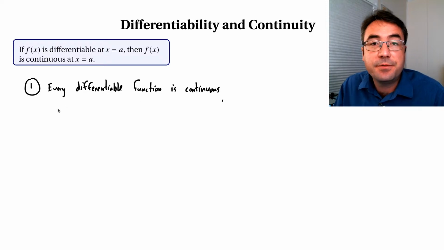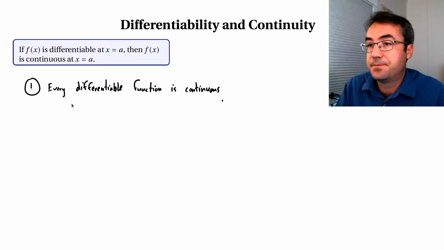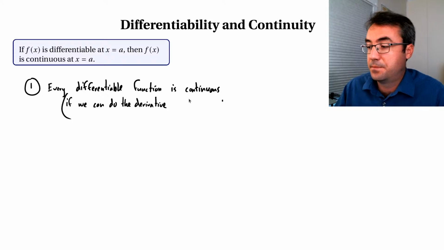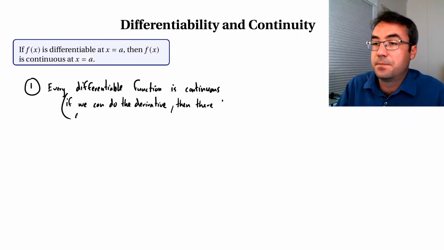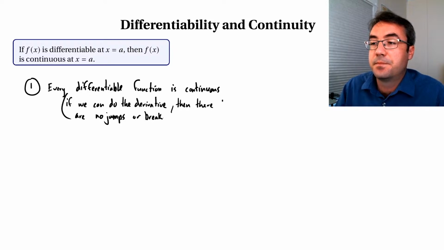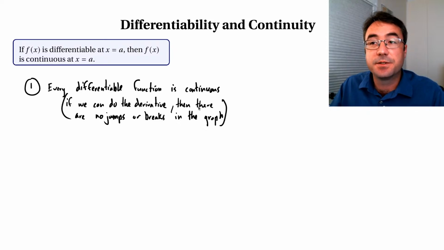If we can do the derivative, then we know that there's no jumps or breaks in the graph of our function.